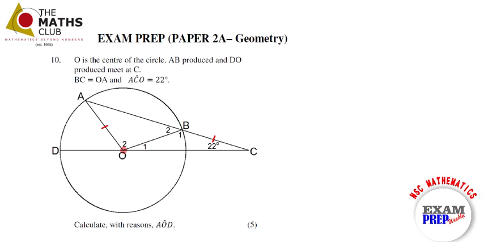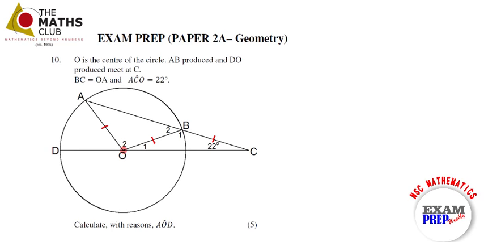However, I can see that OB is a radius, OA is the radius also. So if that is the case, I can say that OA and OB are equal. And that comes from the fact that they are radii. And that then tells me that triangle OBC is an isosceles triangle. And what does that mean?